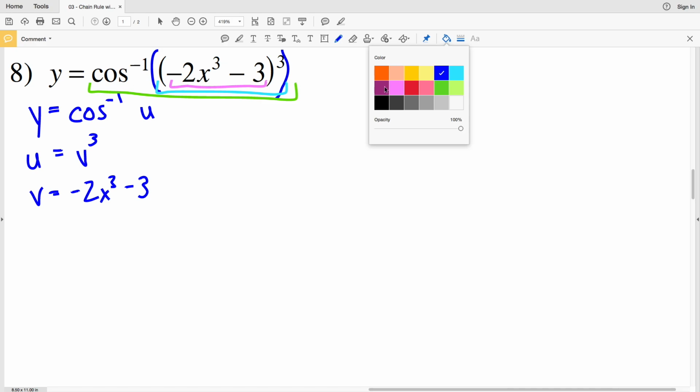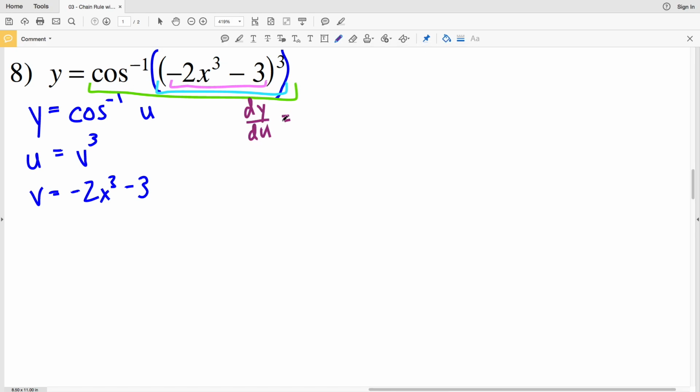So now it's time to take the derivative of each. The derivative of y with respect to u is the derivative of the inverse cosine of u, which is negative 1 over the square root of 1 minus u squared. Now the derivative of u with respect to v is going to be 3v to the 3 minus 1, which is 3v squared.